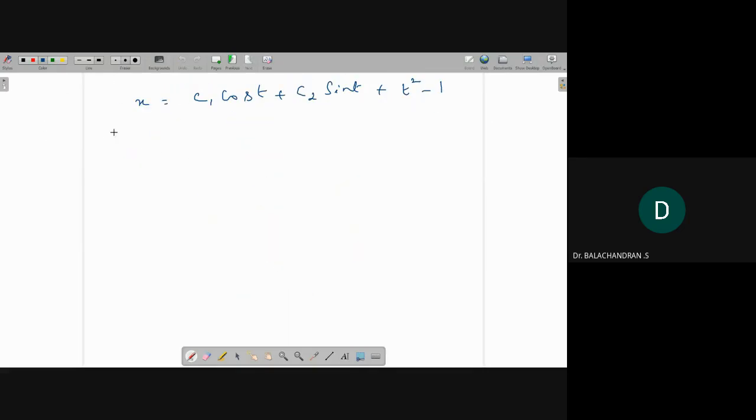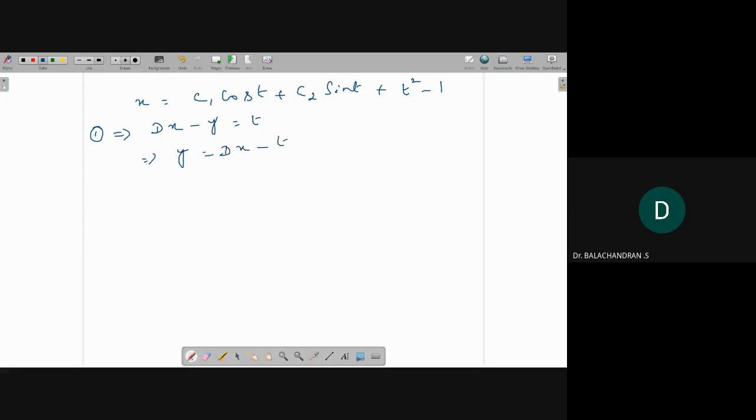So now, what is the first equation? Equation 1 is dx/dt minus y equal to t. So y equal to dx/dt minus t.